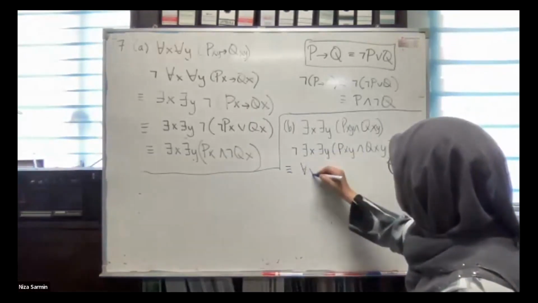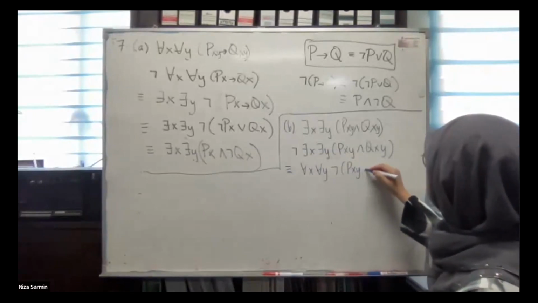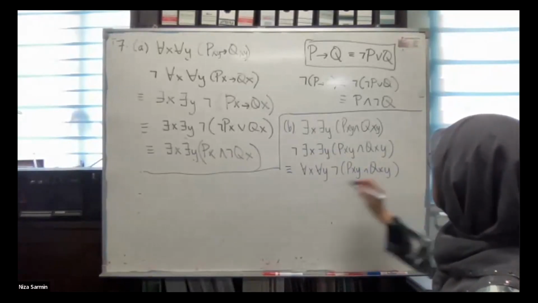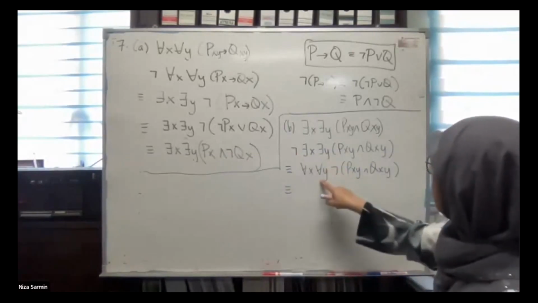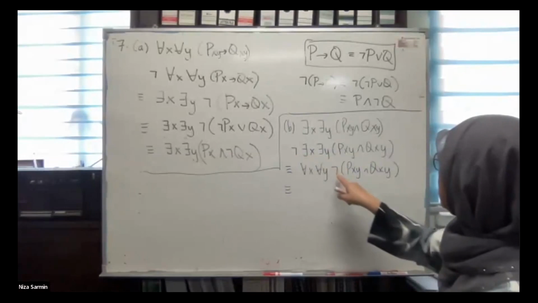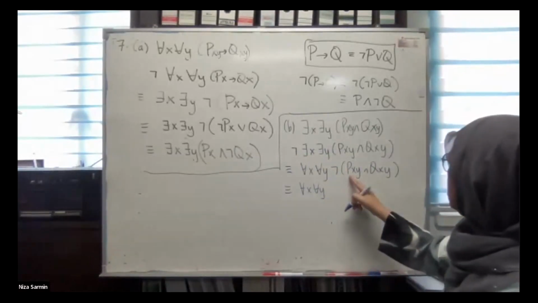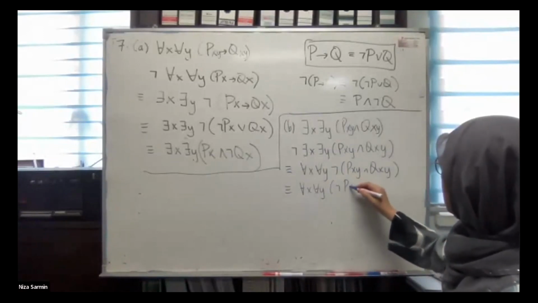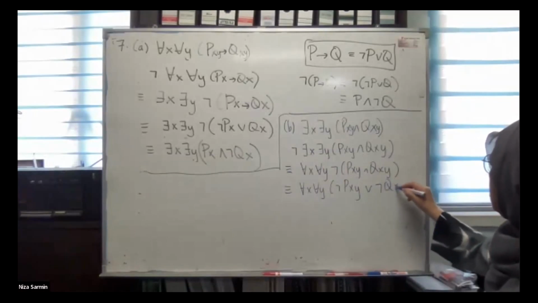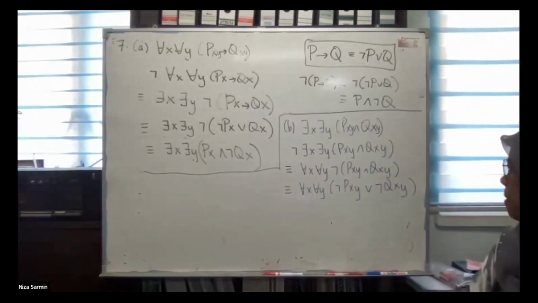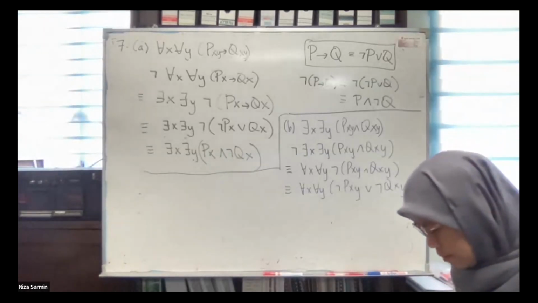So you have for all X, for all Y, not PXY and QXY. So I just change this to for all X, for all Y, and bring the negation here. So this becomes not PXY or not QXY. So this is quite straightforward. Okay.